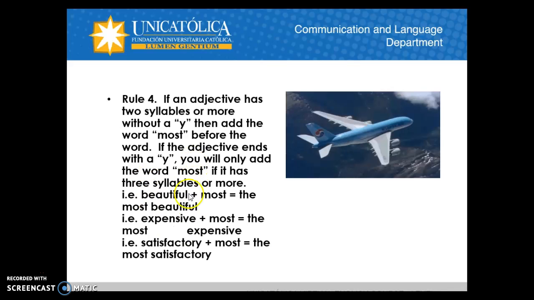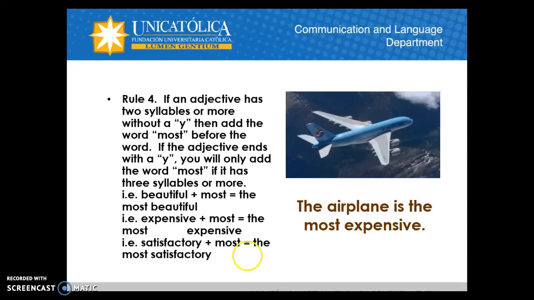Example, beautiful, expensive, satisfactory. So you put the most beautiful, the most expensive, the most satisfactory. Look at the picture. So the airplane is the most expensive.